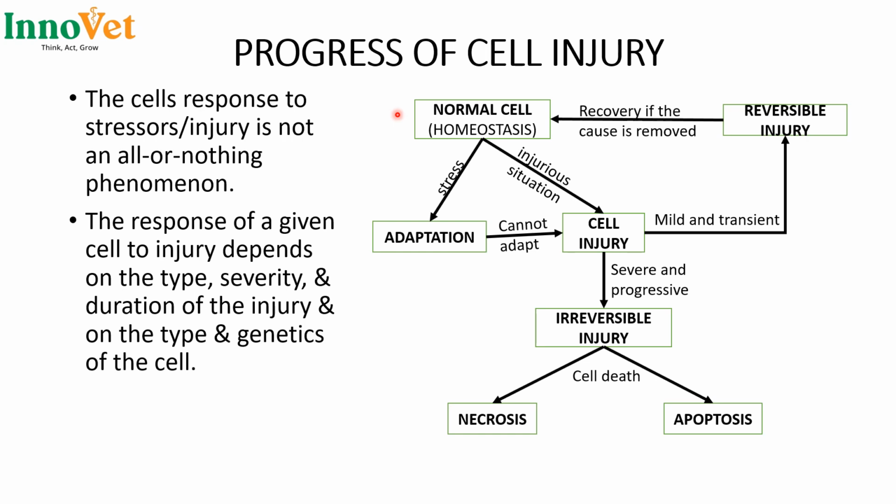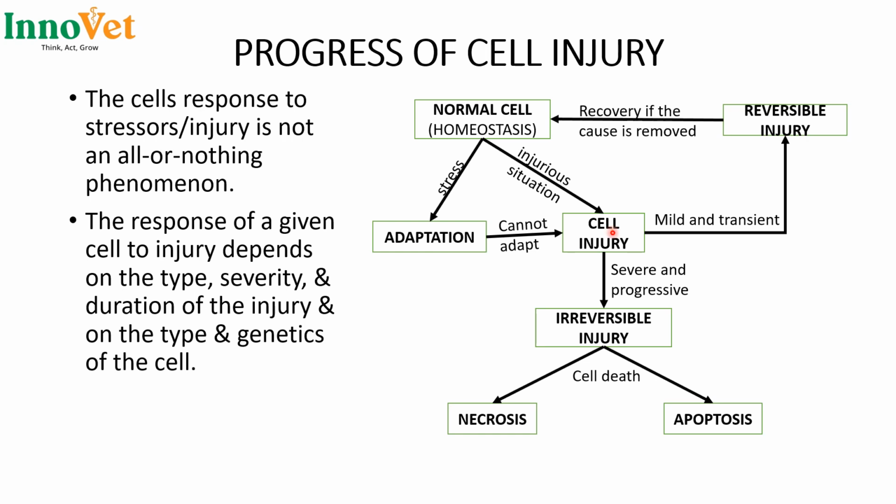Then when a normal cell is subjected to stress, it will undergo adaptation, and by this it will achieve a new steady state that is compatible with its new environment. If the cell cannot adapt, it will be injured. Also, when the normal cell is subjected to an injurious stimulus, it will also be injured.